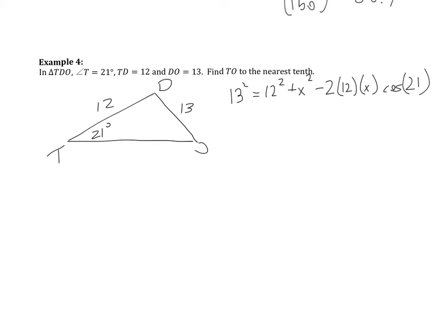Well, this is x squared minus 2 times 12 times the cosine of 21 x plus 12 squared minus 13 squared, and that's all going to equal 0.